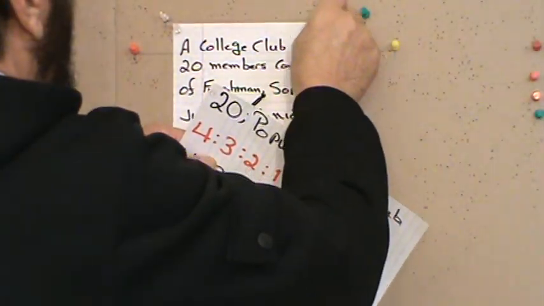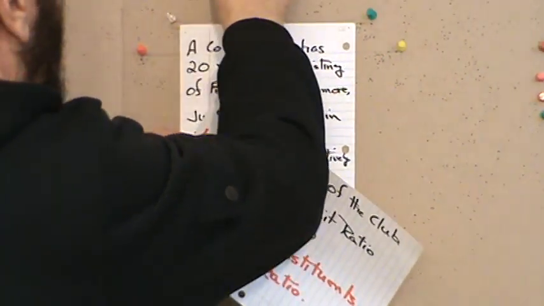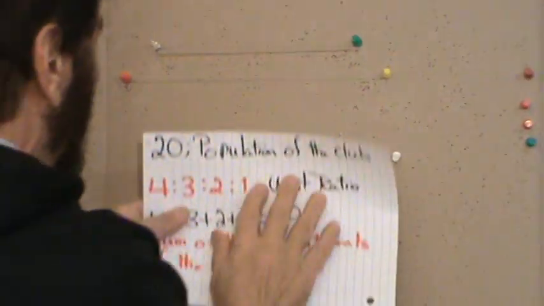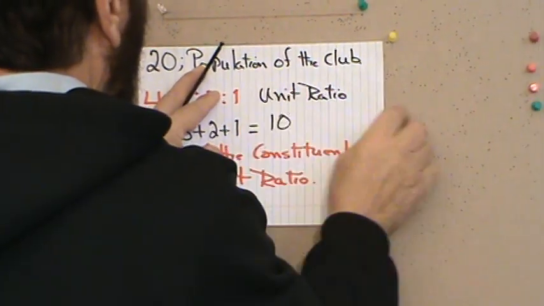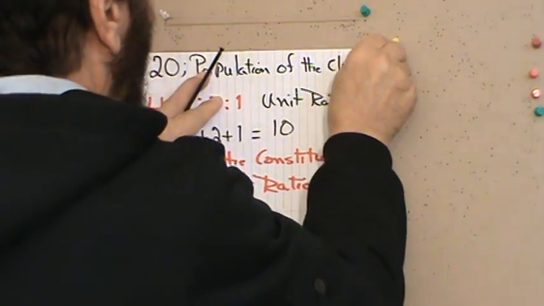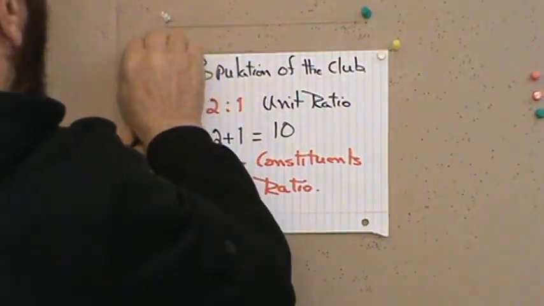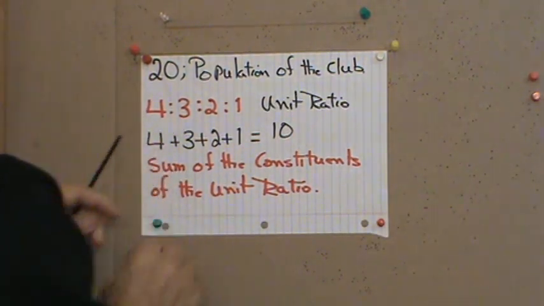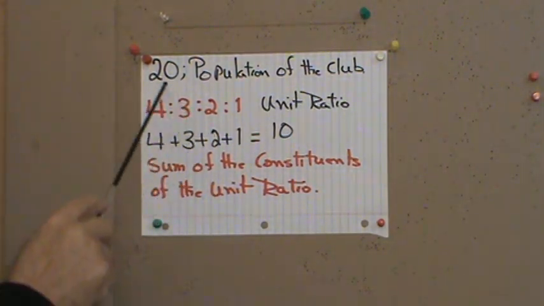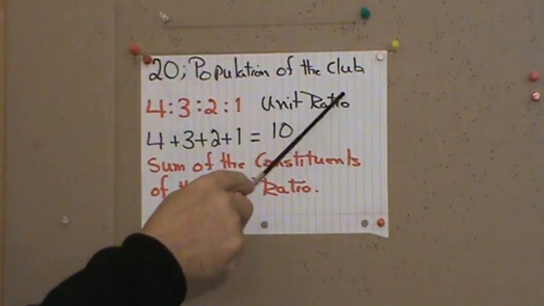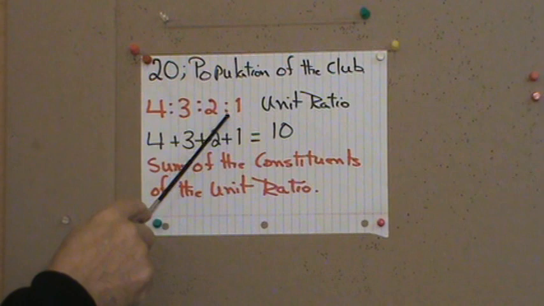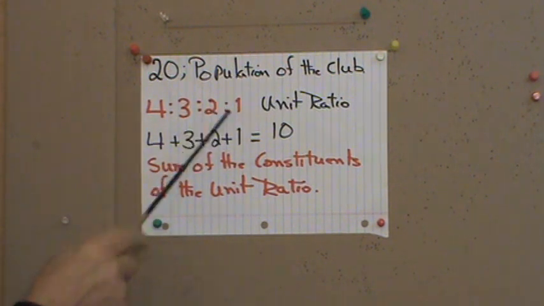Now, let me go to the second one. 20 is the population of the club. They are in the ratio of 4 to 3 to 2 to 1. We call this the unit ratio, just a name we put on it, it's not a standard.